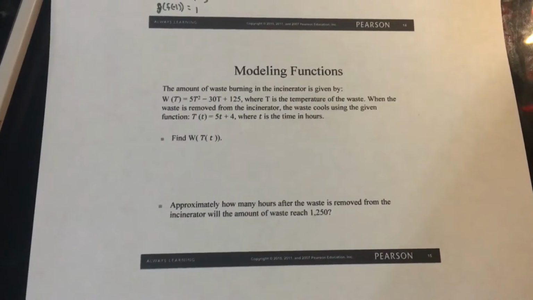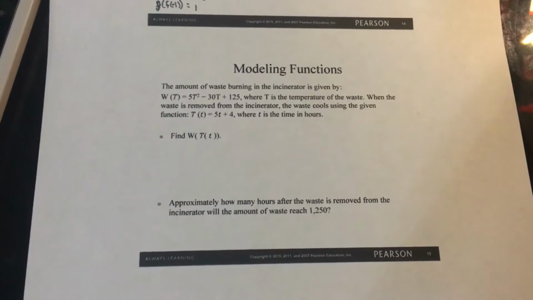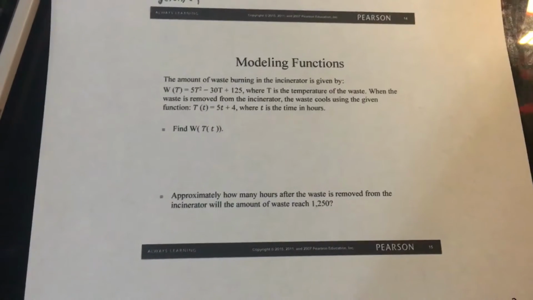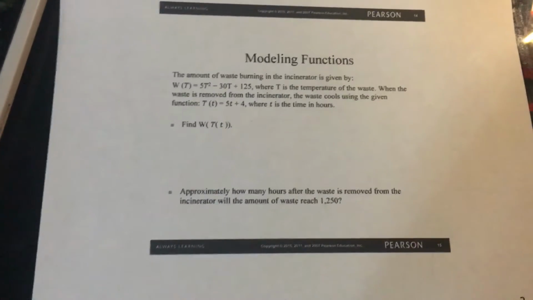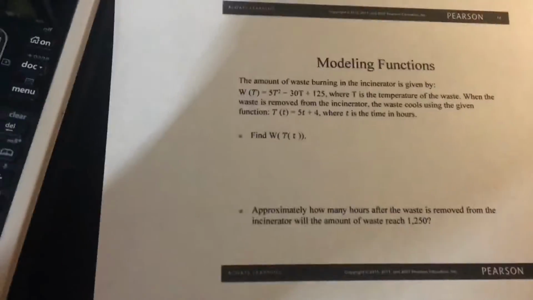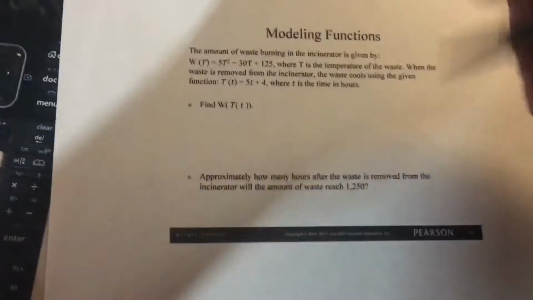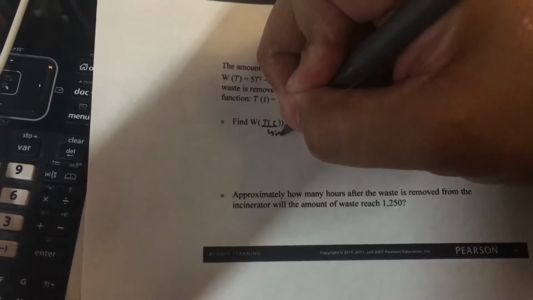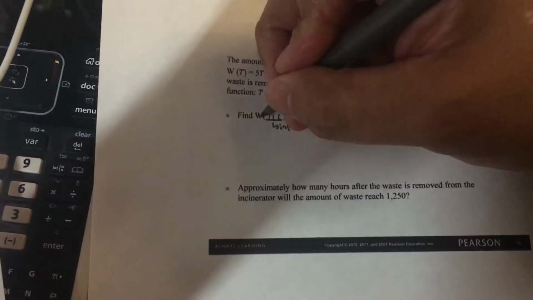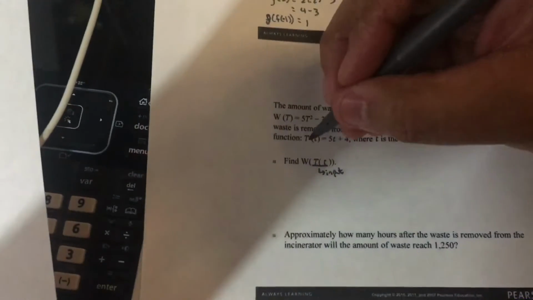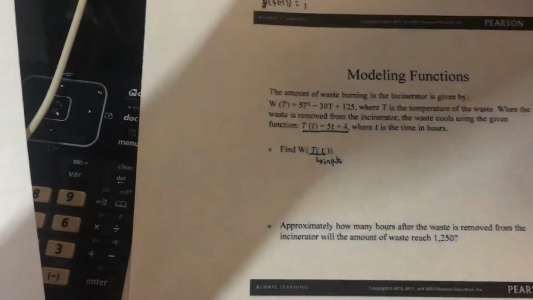When the waste is removed from the incinerator, the waste cools down using the following function, where the little t is the time in hours. So find W of t. Okay, and so what I would do here, guys, is they're telling me this is my input, and I want to plug it into the big equation. So this is my T of t, this one right here.